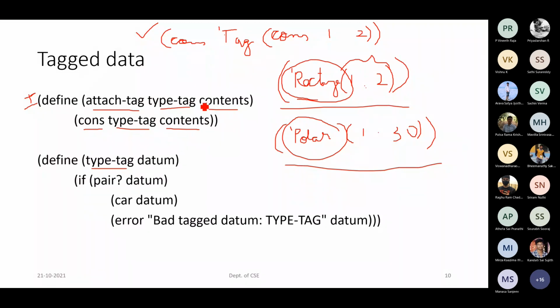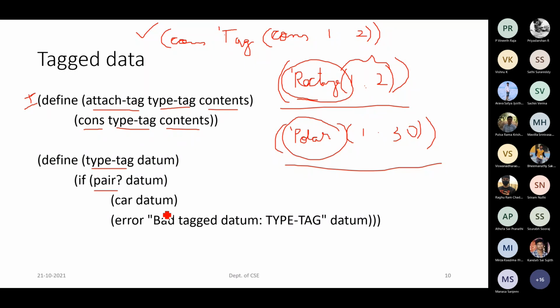So first we are just checking whether the content you have passed as an argument is a pair or not. Only that condition we have to check. If it is a pair, then you just extract the first content of it. To select the first content, we will use the selector car. So car of the data, the name we have given is datum, will be used.